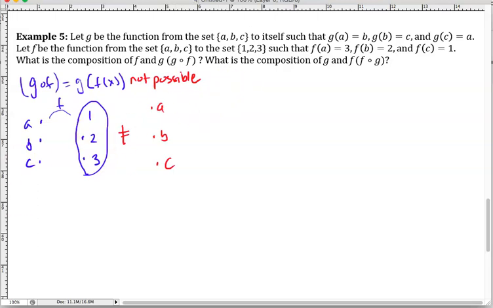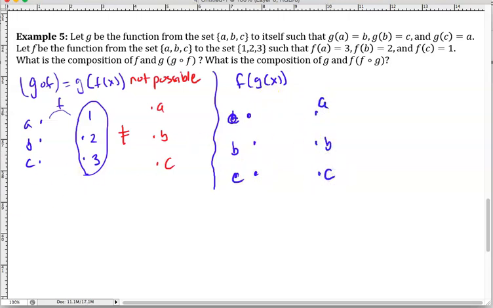So let's look at the other way. g followed by f, so we're doing f of g of x. And this one starts with ABC as the input, or the input values, going into ABC.